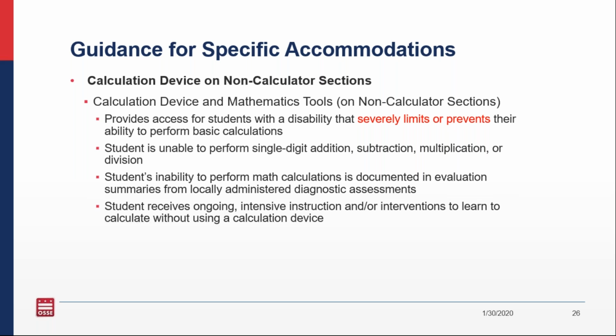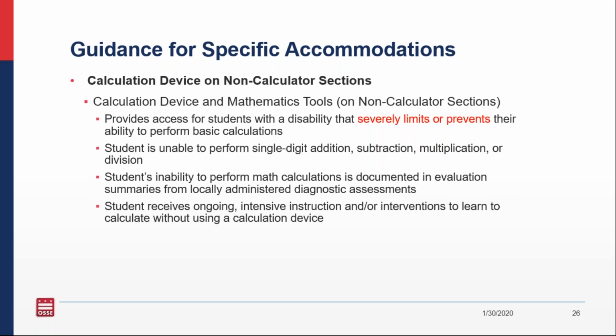This accommodation provides access for students with a disability that severely limits or prevents their ability to perform basic calculations, meaning the student is unable to perform single-digit addition, subtraction, multiplication, or division. The student's inability to perform math calculation is documented in evaluation summaries from locally administered diagnostic assessments. And the student receives ongoing intensive instruction and/or interventions to learn to calculate without using a calculator.